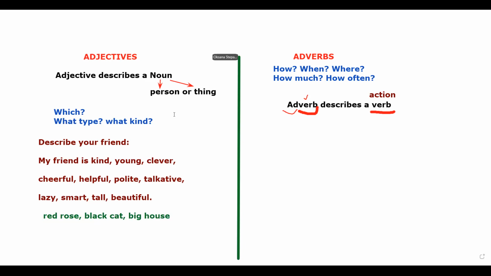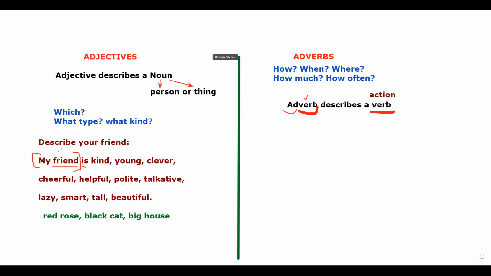Let me just help you a bit. Here you need to understand that we have a noun. In this case, the noun is my friend. Friend is a noun, my friend is the subject. Is is a linking verb, a state of being. It links the noun and the adjective. It's not an action, there is no action here.